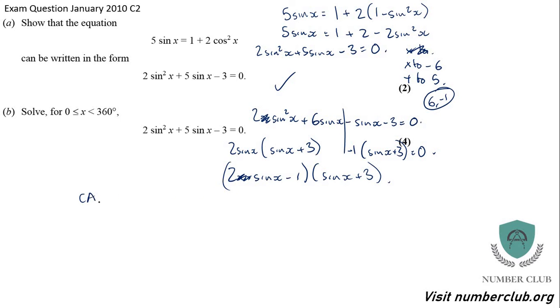Case 1 is where 2 sine x minus 1 equals 0. So 2 sine x equals 1. So sine x equals a half. X equals inverse sine 0.5. Inverse sine of 0.5 is 30.